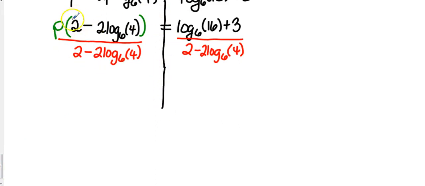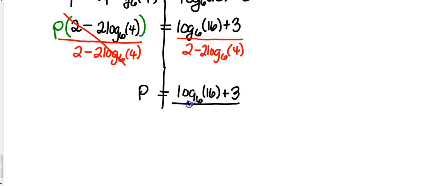So this all cancels, leaving behind p equals log base 6 of 16 plus 3, divided by 2 minus 2 log base 6 of 4. Now that's my exact answer.